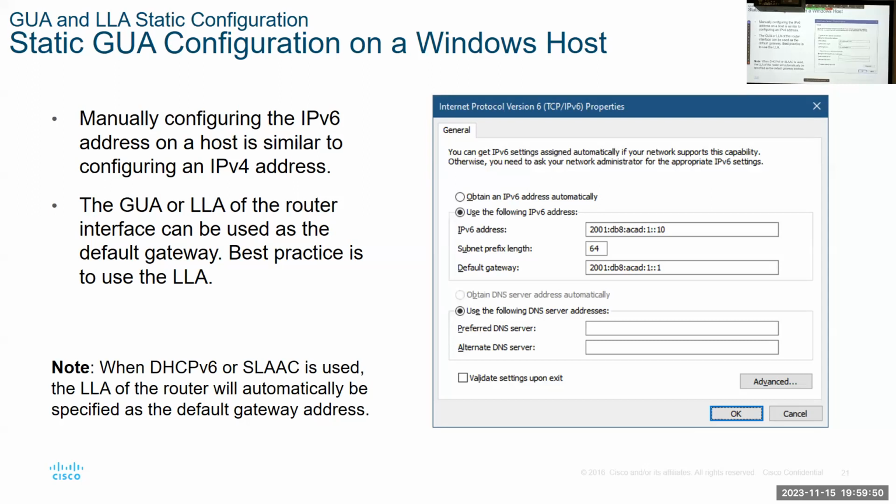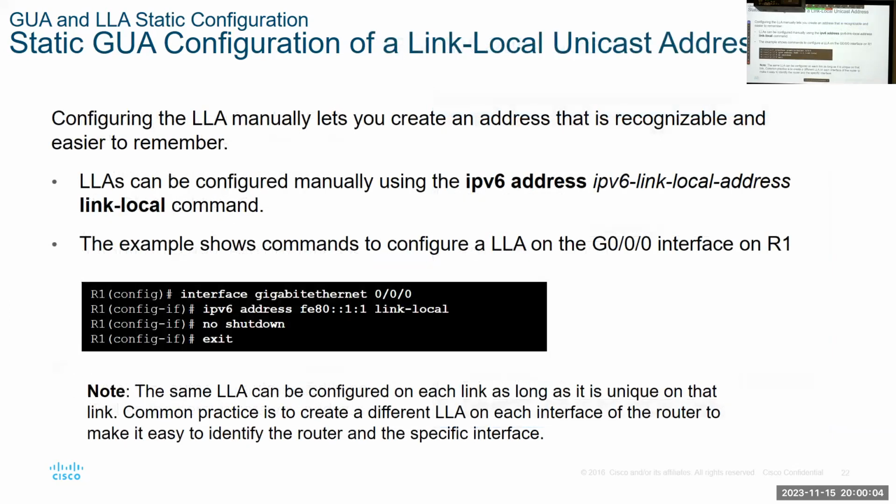So there is such a thing as DHCPv6, but you can also just let IPv6 self-configure everything without a DHCP server. All right, so that was a globally unique address.